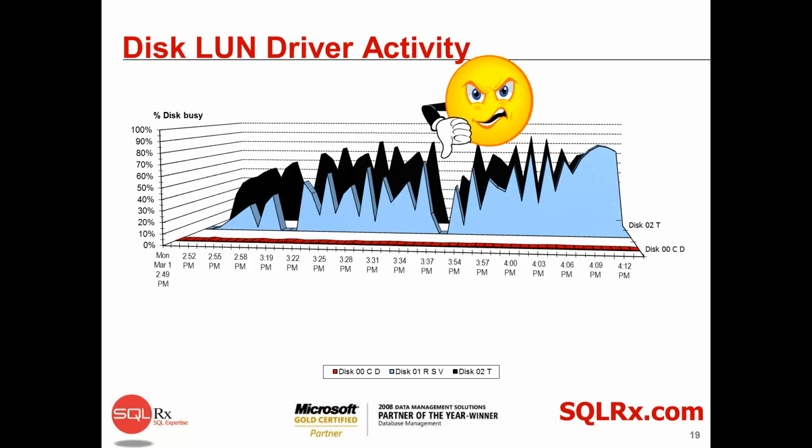You can also see in this case that you've got multiple LUNs on a physical LUN, which can create trouble, because this is where you'd need logical to figure out whether it's RRS or V causing the problem. On disk 2T, it's pretty easy because you know that's the only one.